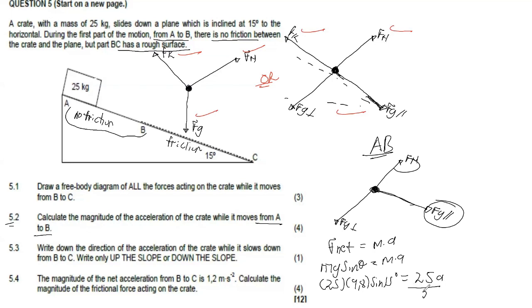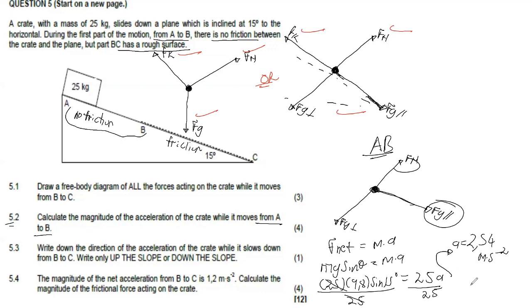At this point, we can just divide both sides by 25, and then we will have our value for a. So we punch 9.8 sine 15 divided by 25, then our acceleration will be 2.54 meters per second squared, right? So that's the magnitude of the acceleration.